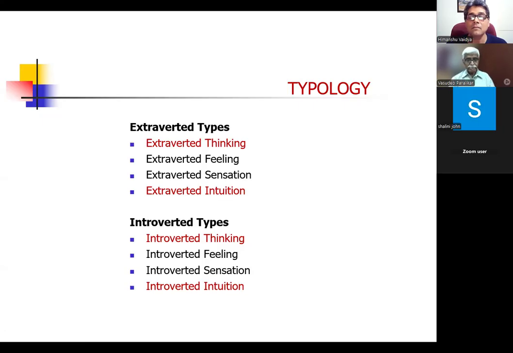Sir, what would be extroverted intuition? What does that mean? How is it different from introverted intuition? Can you just explain that? Extroverted intuition is very strong in fashion designers. They want to know what people will like in the next season.